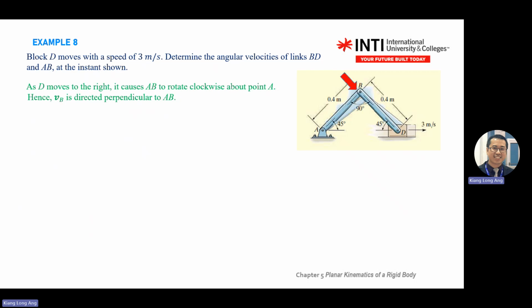BD like that. This is D. This is B. So D moves this way. How does B move? Like that, right? So B will move that way. Then AB.